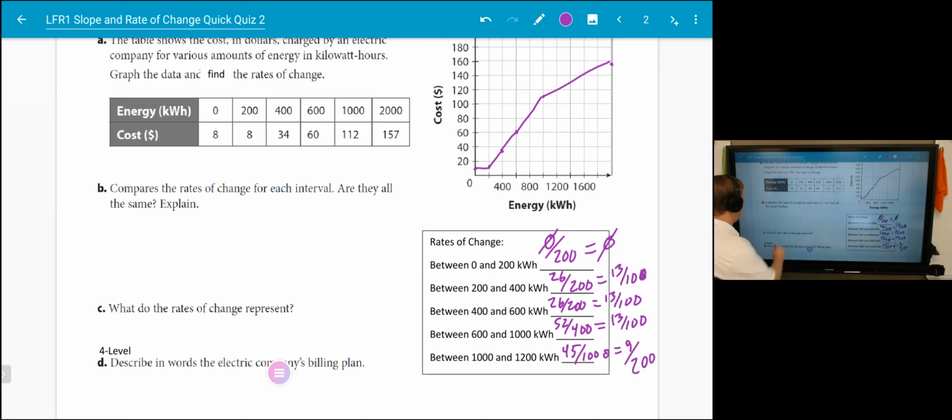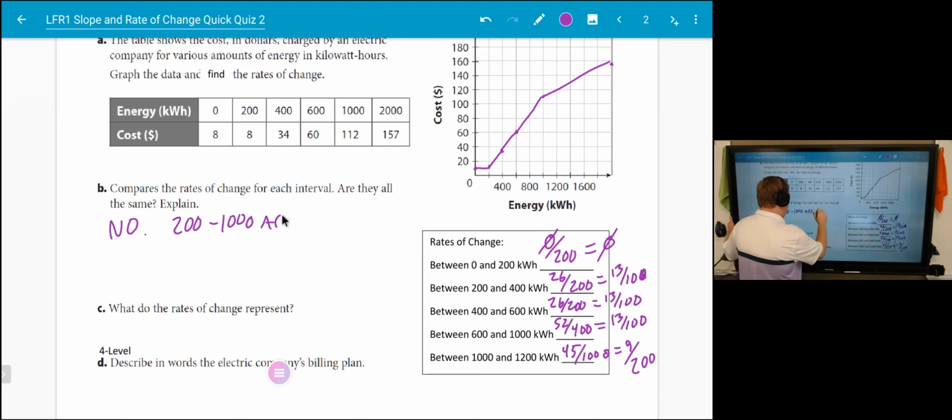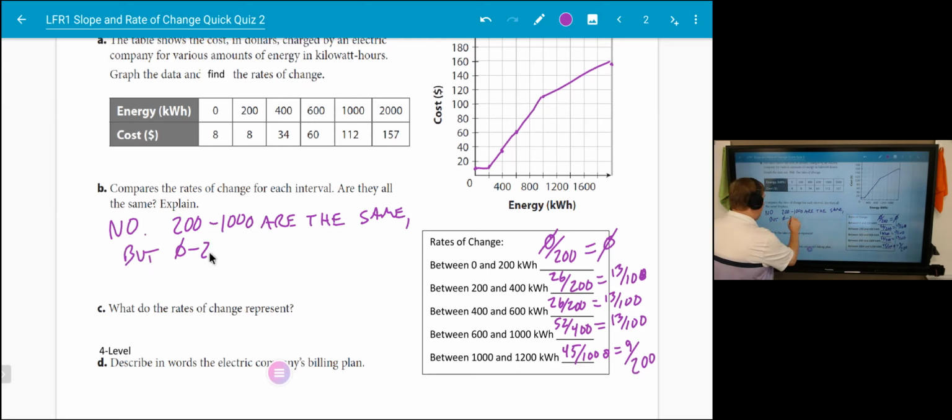Are they all the same? No. Between 200 and 1,000 are the same. But 0 to 200 and 1,000 to 2,000 are different.